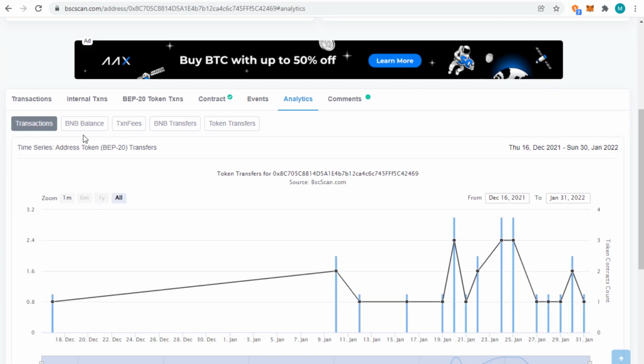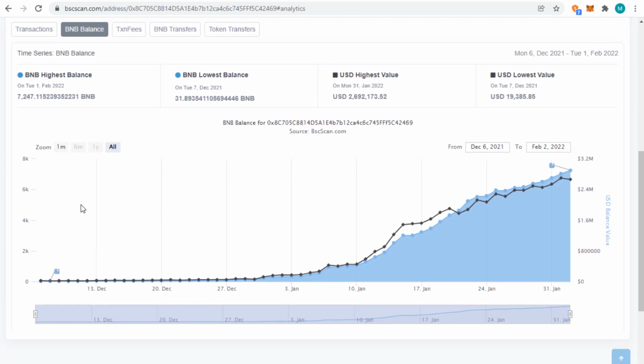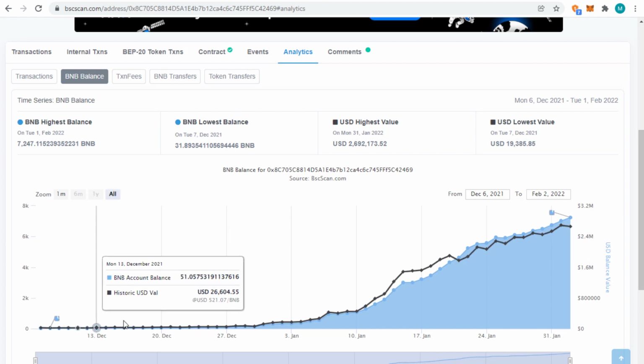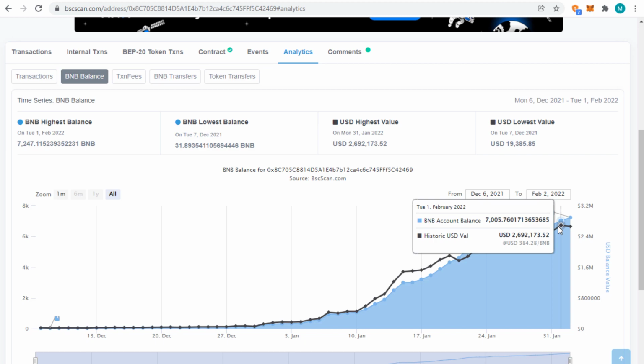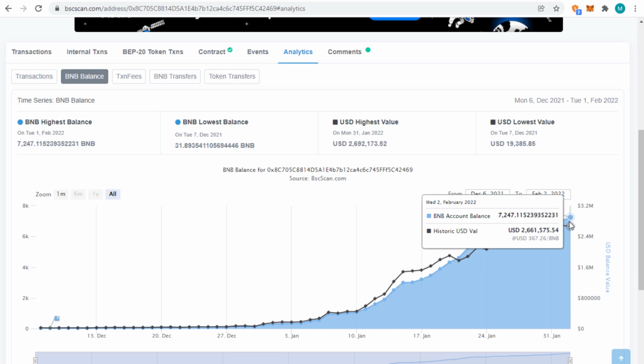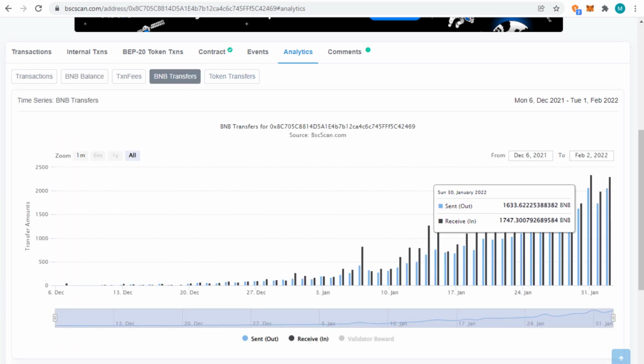So let's go down here. I'm going to go to balance transfer. That also looks very good. It has a good trajectory. It is moving up, and the number of coins, as of February 2nd, which was yesterday, the value of BNB 720. Now let's look at the BNB transfers.